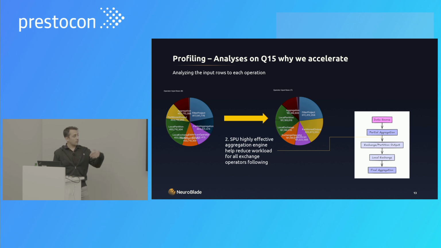We're doing that partial aggregation quicker and more efficiently than on the CPU, so we're helping out those exchange operators later on. It was a real interesting aspect to see how adding hardware that's tailor-made for these types of workloads lets you avoid all these corner cases which hurt you when you run on more general purpose hardware, like a CPU.